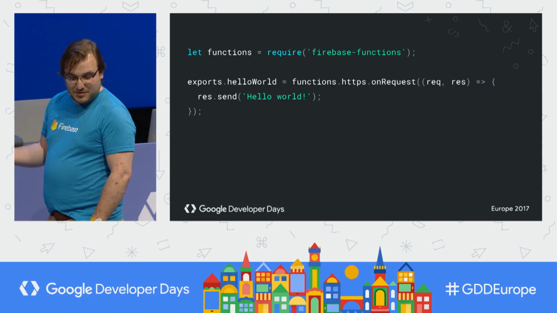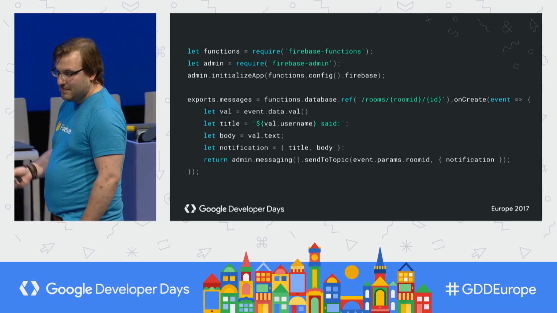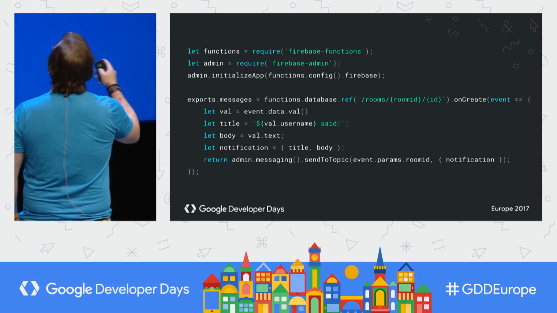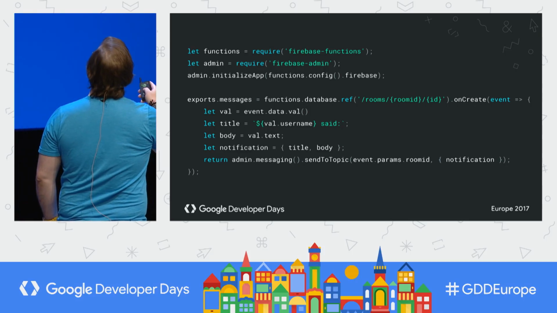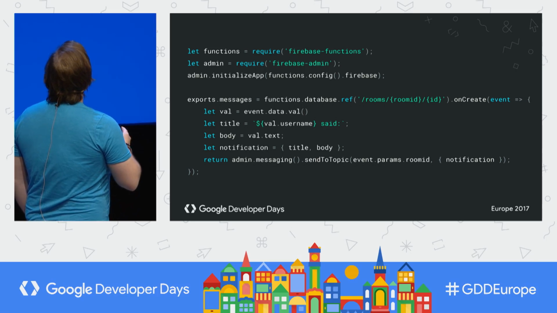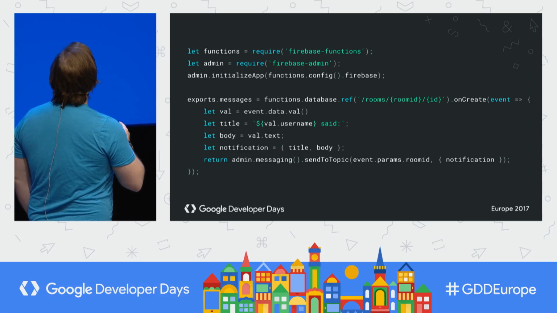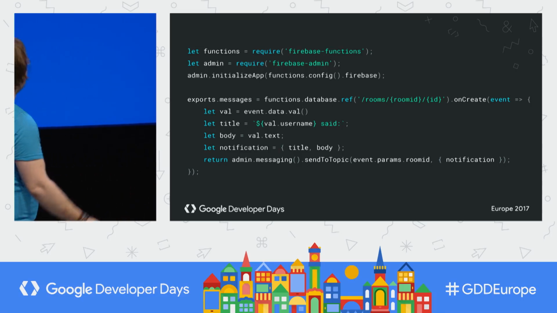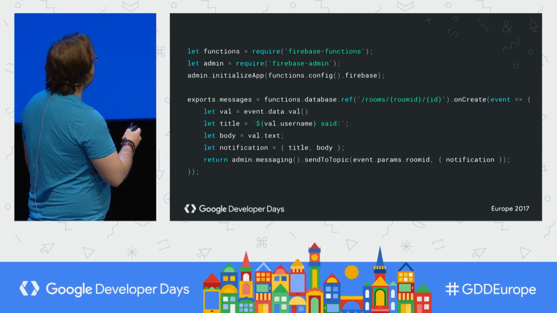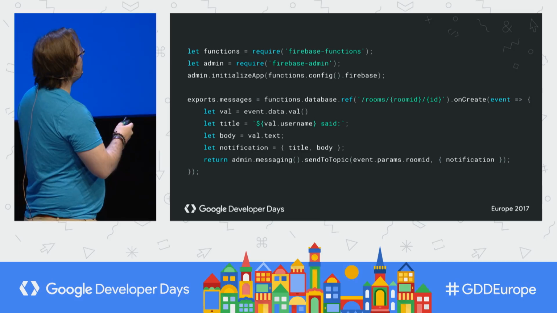So let's jump to a more complicated example. Here's one where we're actually listening to the database. Up here, we're initializing Firebase functions and the admin SDK for Firebase. We're pulling in the configuration and initializing Firebase admin. We're then listening on the database, this ref, and those are wildcards.